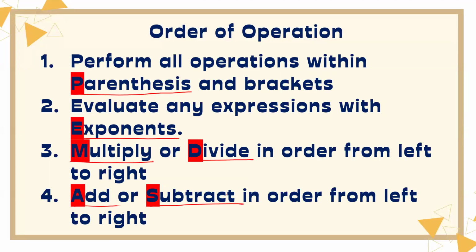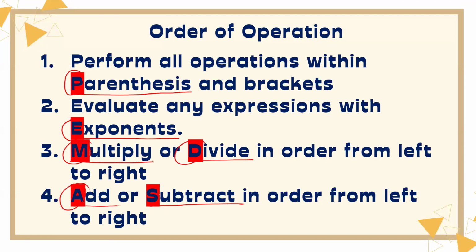So if you notice, we can remember these steps by highlighting P for parentheses, solving all operations within parentheses and brackets first, that's P. Then solving exponents, that's E. Then multiplication and division operations come next from left to right.